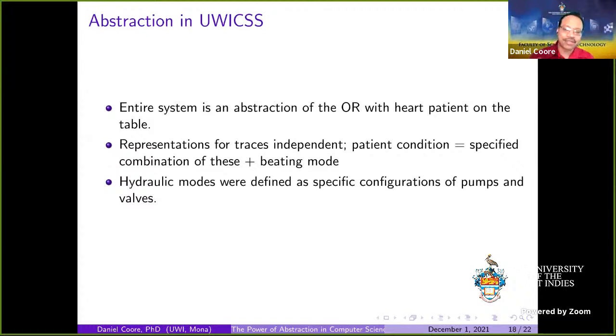And then each of the ones that were specifically asked for, I could then provide by sequencing the constituent components. So what I did was essentially build a tiny language, metalinguistic abstraction in use, to be able to specify a combination of these configurations that would lead to what Dr. Ramphal understood as a hydraulic mode.